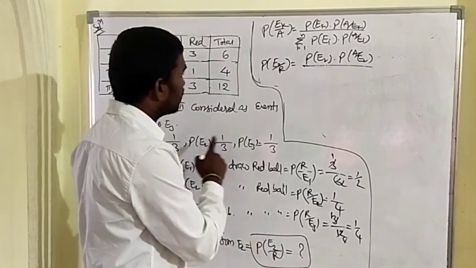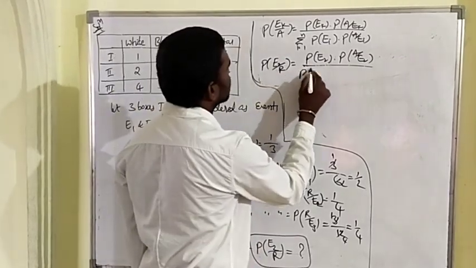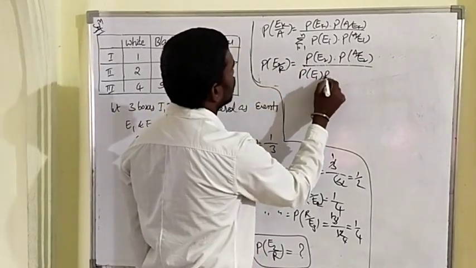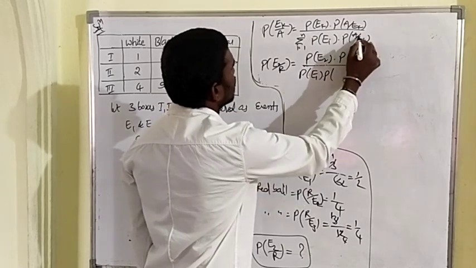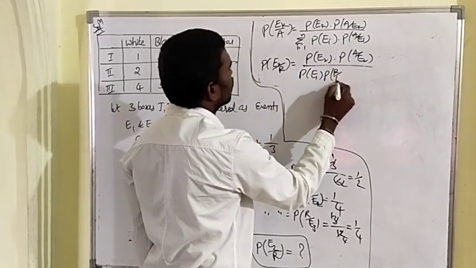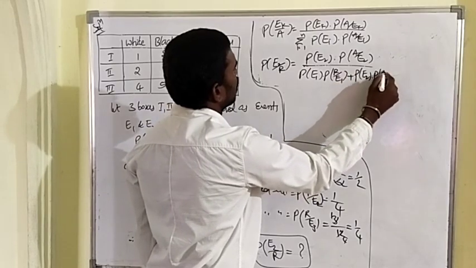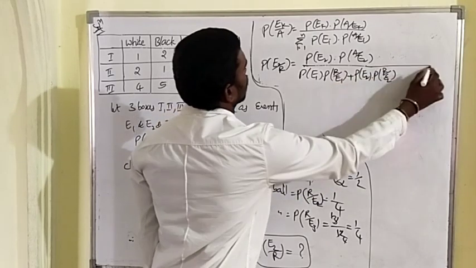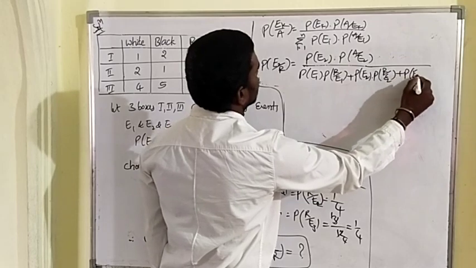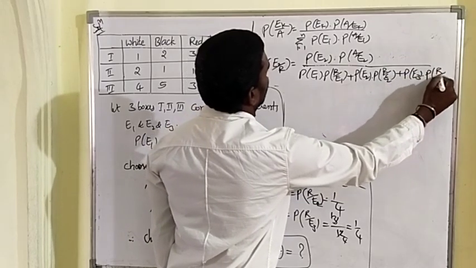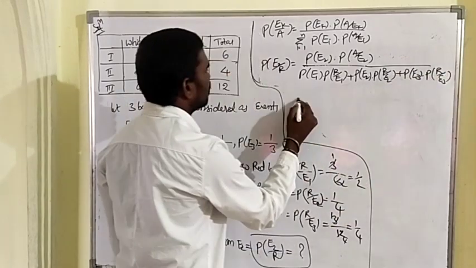Here only 3 events are there. So one is P of E1 into P of A by E1, A means R by E1. Next plus probability of E2 into probability of R by E2. Next plus probability of E3 into probability of R by E3. Okay, 3 events are there.